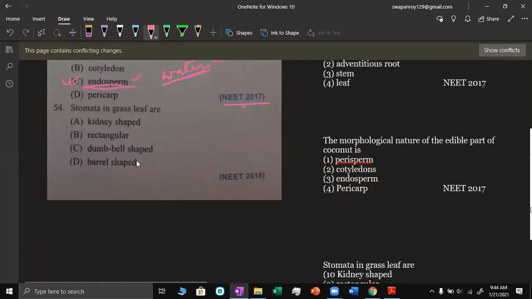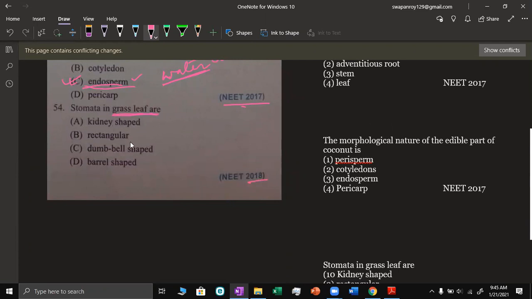Then stomata in grass leaves. This is coming to the anatomy or physiology portion, included in 2018.